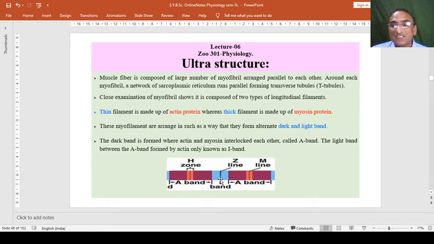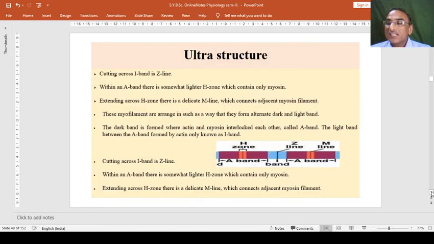This is the structure that is alternately found in muscle, and this is nothing but the ultrastructural arrangement of myofilaments. Next, we will see the ultrastructure in another way. Cutting across the I band is the Z line. This is the I band which is cut by this line, generally called the Z line.